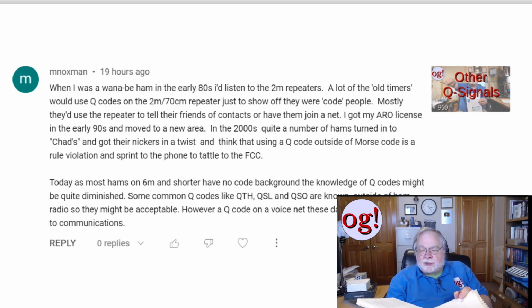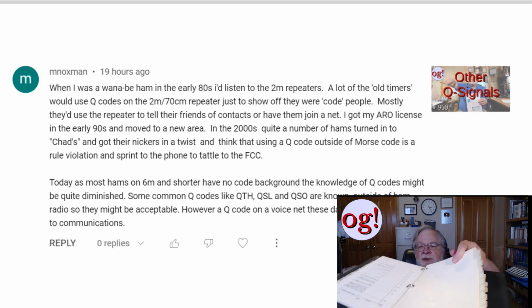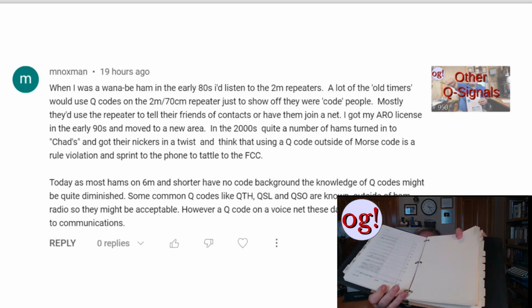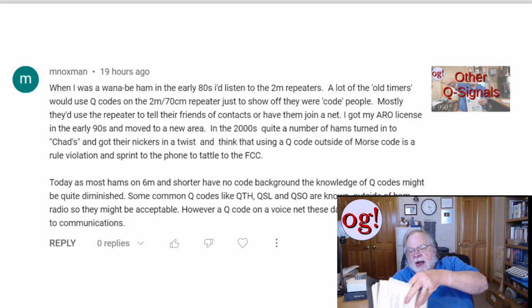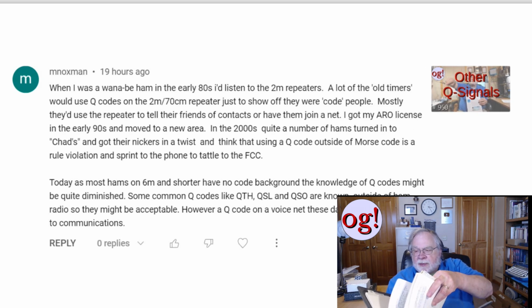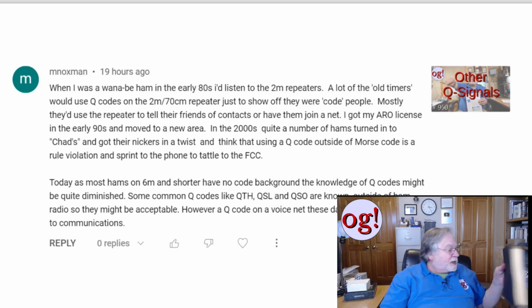Now, the Z codes are used almost exclusively in the military, okay? And there is also a backwards reference. If you want to find the right code for something, they've got them by subject area.